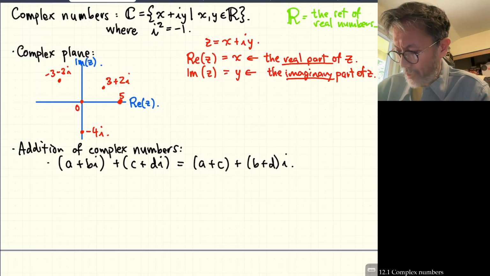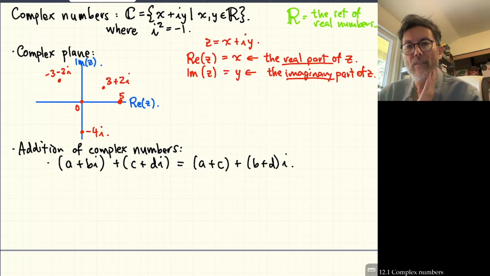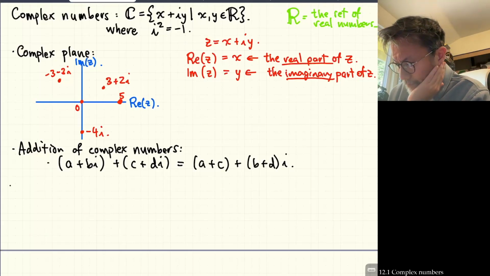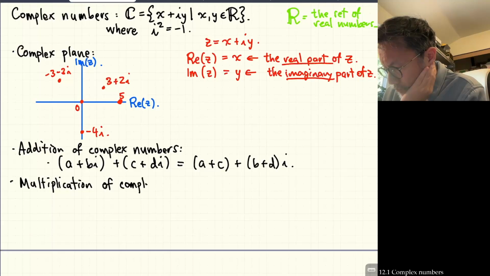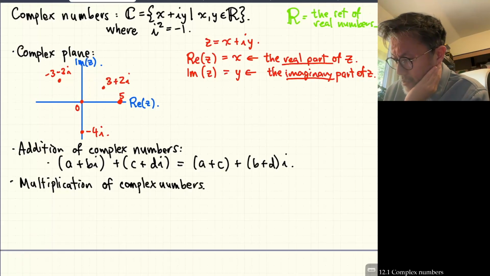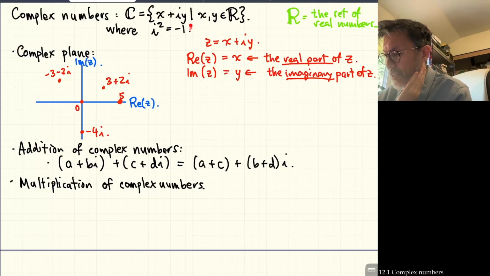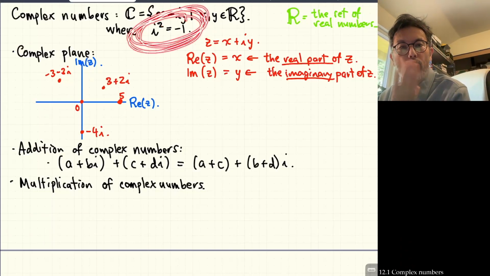So nothing strange there. Maybe more interesting is the multiplication of complex numbers. Because here's where we're going to use this fact that i squared is equal to negative 1. This one right here. This is where we're going to use this.